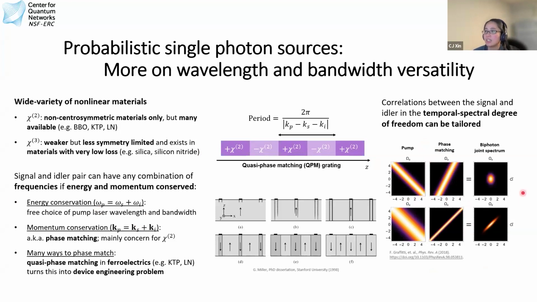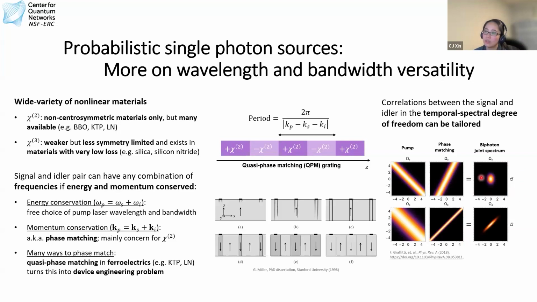So at the end of the day, the combinations of frequencies between the signal and the idler that are allowed will have to be allowed by both the pump and the phase matching. And so you multiply these together, and lo and behold, you get two different shapes. This one just looks like a non-rotated Gaussian, stretched out a little bit. But this one, you can actually factor in frequency.